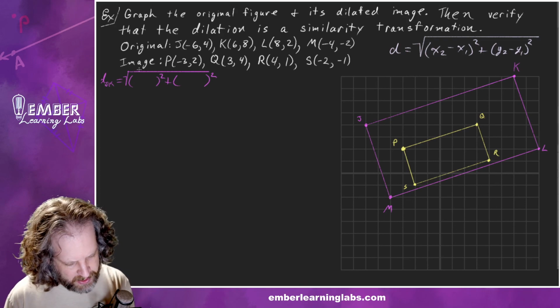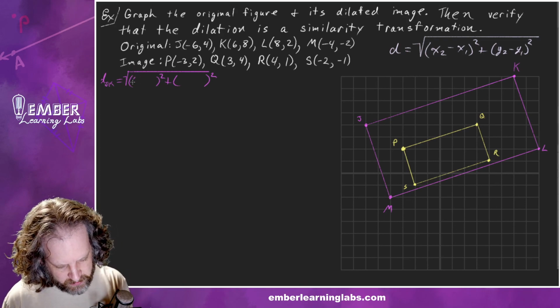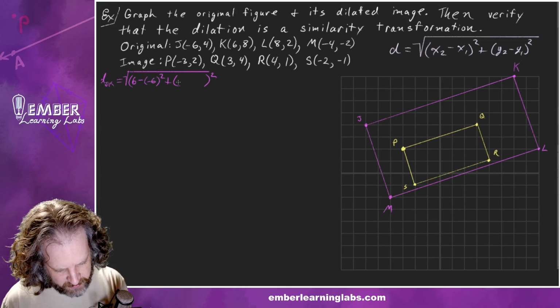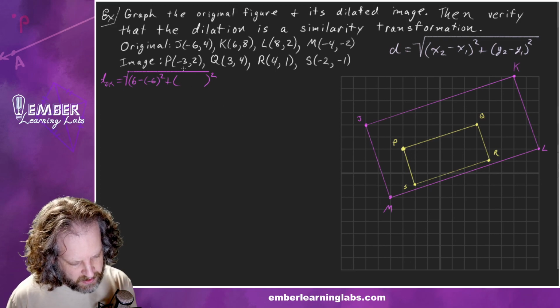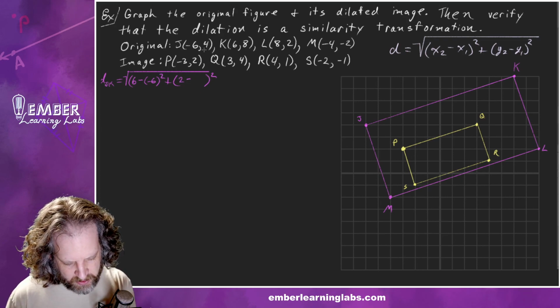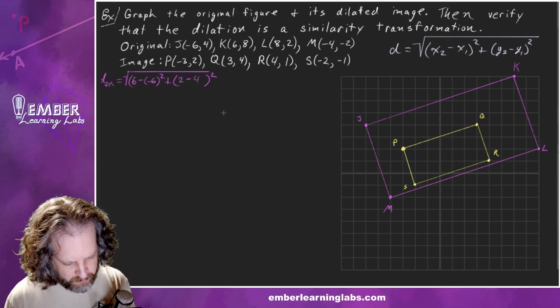So K, the x2 is 6 and x1 is -6. And y2 is 2, and y1 is 4, right?